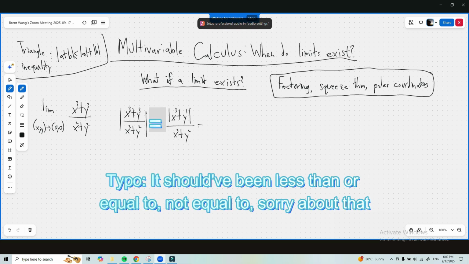So this is equal to x cubed over x squared plus y squared plus y cubed over x squared plus y squared. And it's a similar concept to the previous limit.